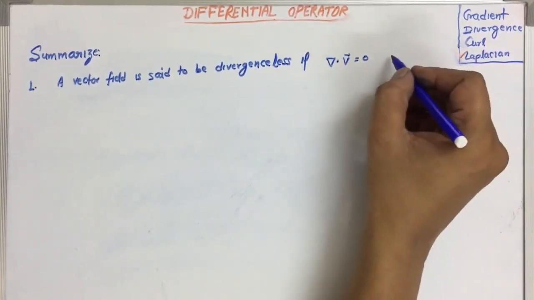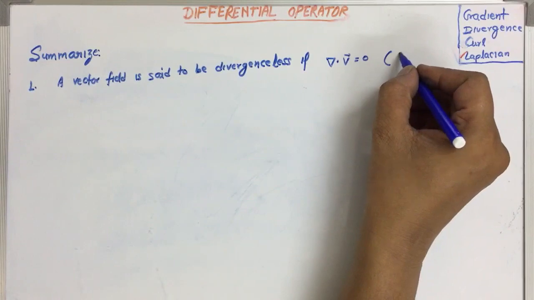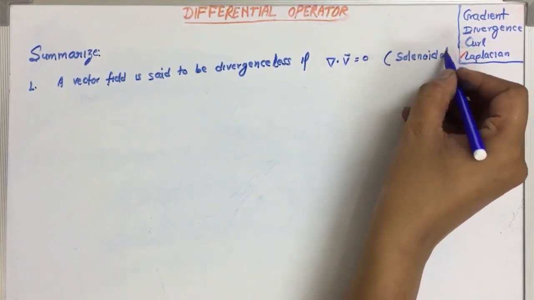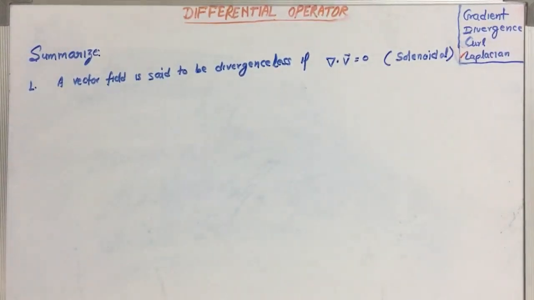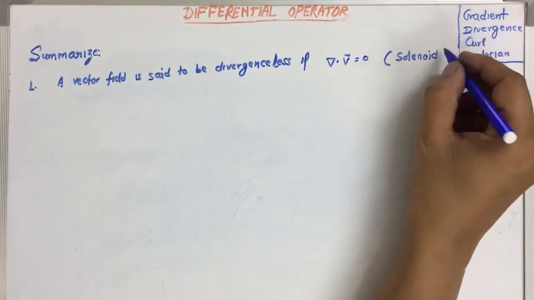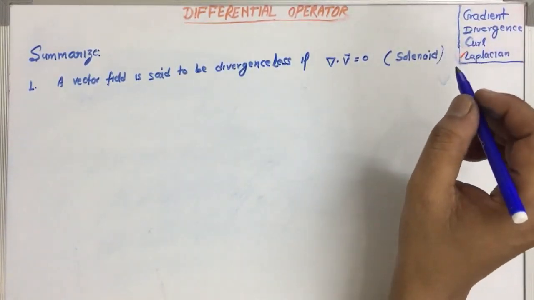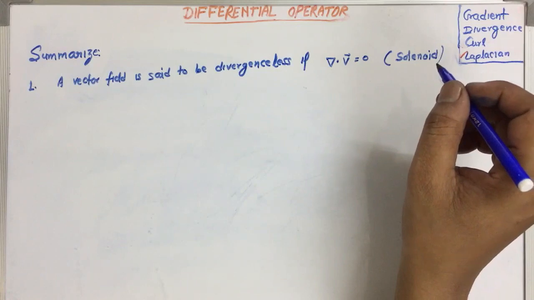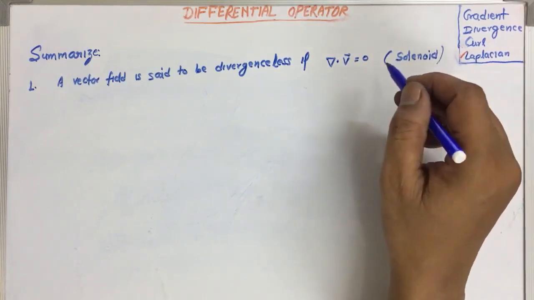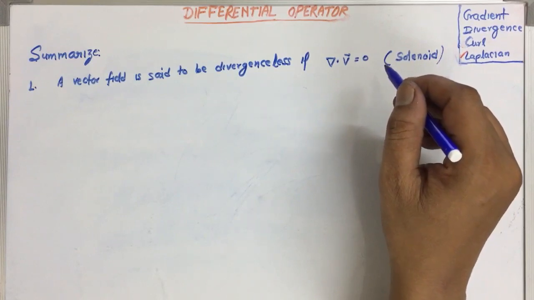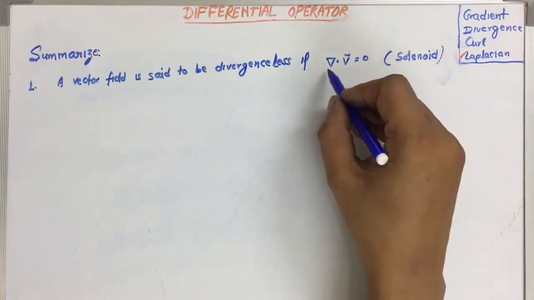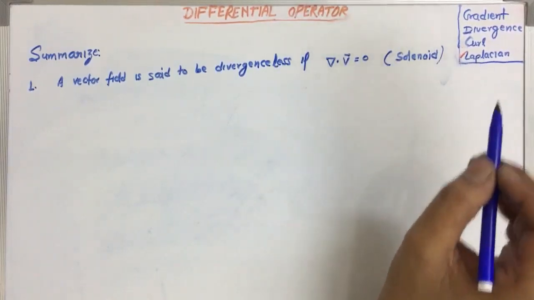This is named in another way, solenoidal. If it is said in the question that show that the field is solenoidal, then you have to show that the divergence is 0. Or if it is said prove that it is divergence less, it means you have to show the divergence of the field is equal to 0.